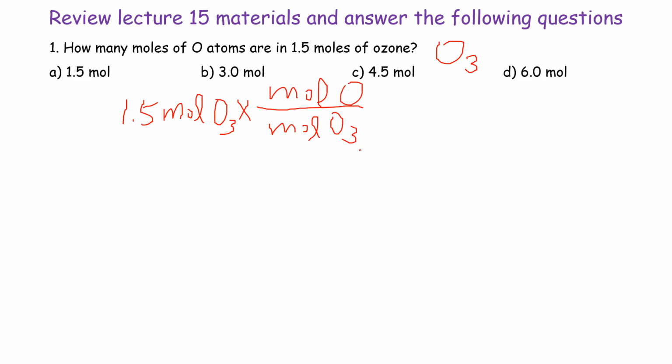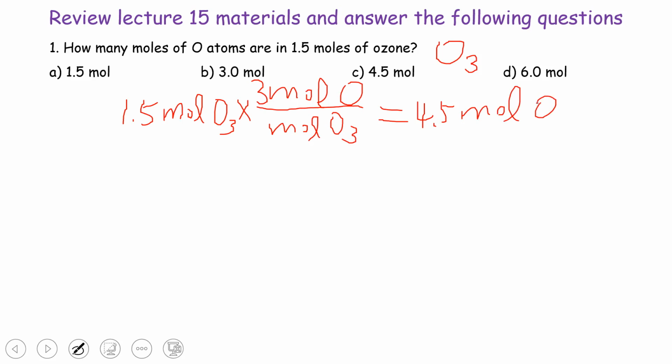So therefore that should be 3 here. And of course 3 times 1.5 should be 4.5 moles of oxygen atoms. So therefore the correct answer should be C.